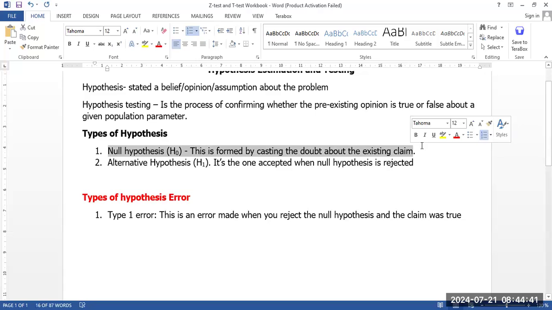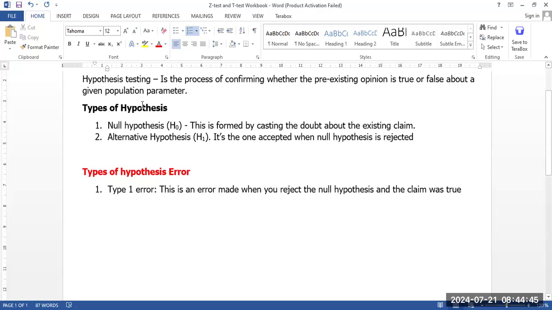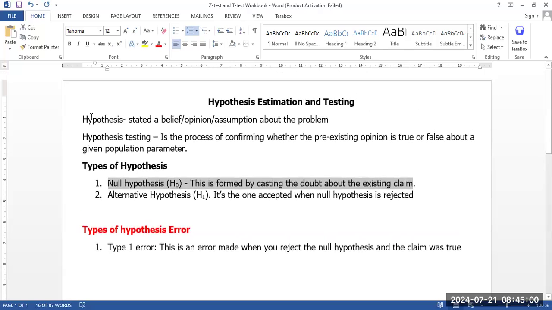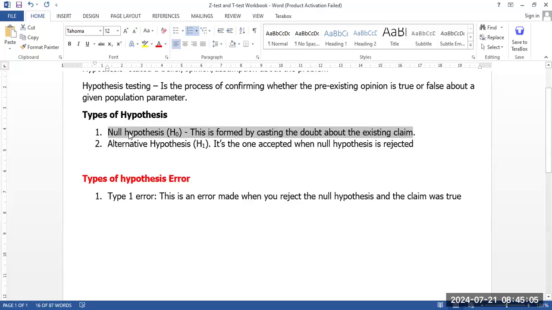Let's say you have tested your hypothesis and concluded that the null hypothesis should not be accepted, so you are rejecting it.